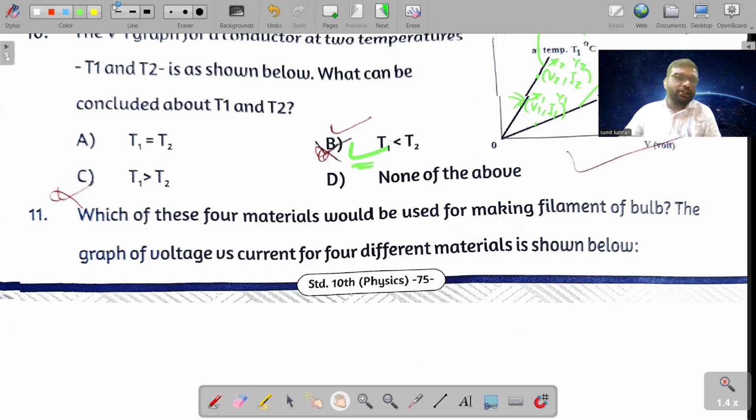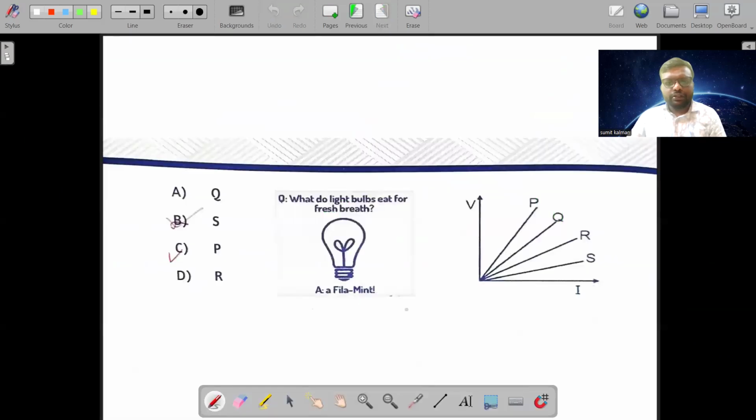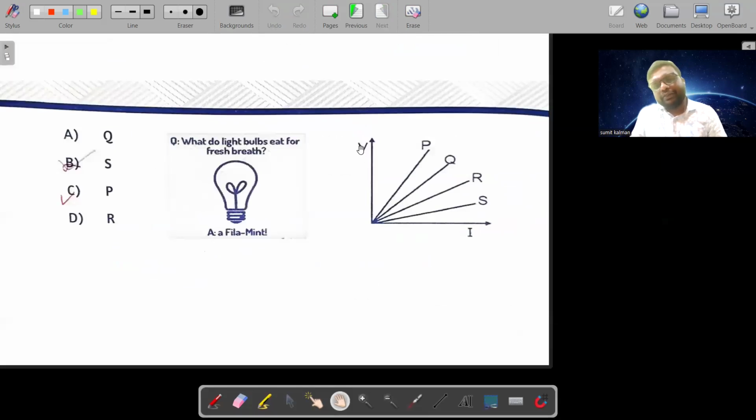Now students, we simply use the material tungsten for making the filament of a bulb because it has high resistance. And if you see the graph here, V is on the y-axis and current is on the x-axis.